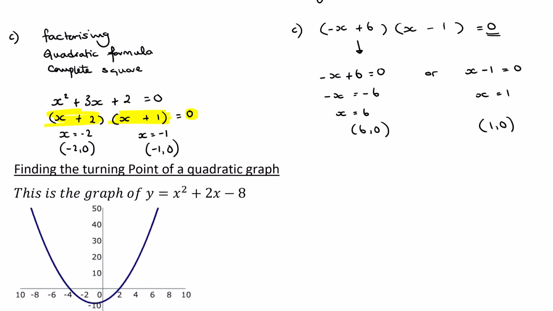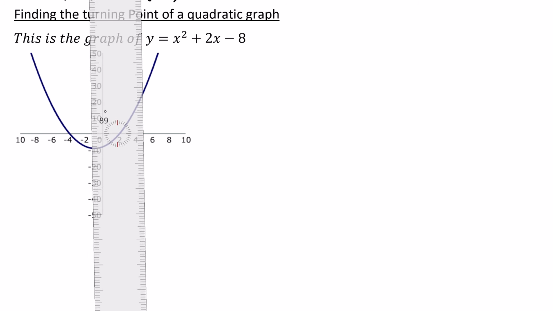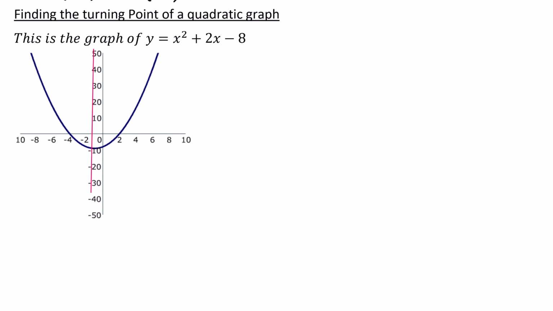The last thing you need to be able to find is the coordinate of the turning point. So the turning point is that bit there. Now, the turning point of any quadratic graph splits the graph into two.